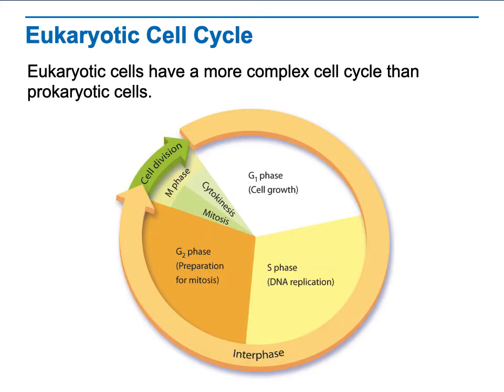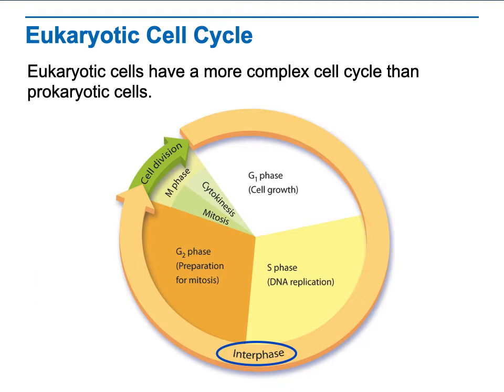Now let's talk about the eukaryotic cell cycle. Eukaryotic cells have a more complex cell cycle than prokaryotic cells. Let's focus on each phase of the cell cycle individually. First, we have the interphase. Cells spend most of their time in interphase, which is divided into three phases: G1, S, and G2.